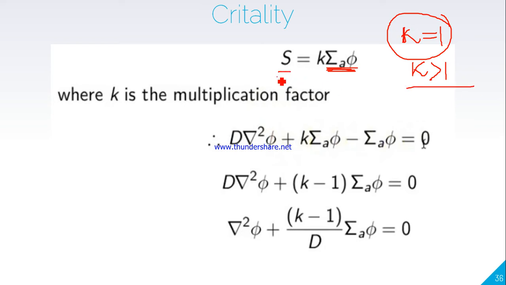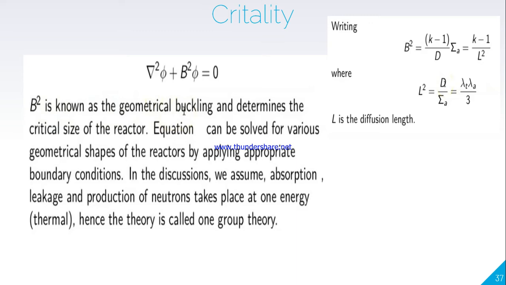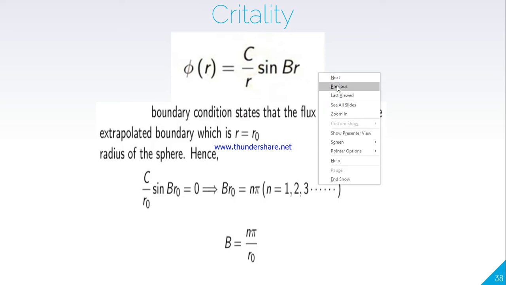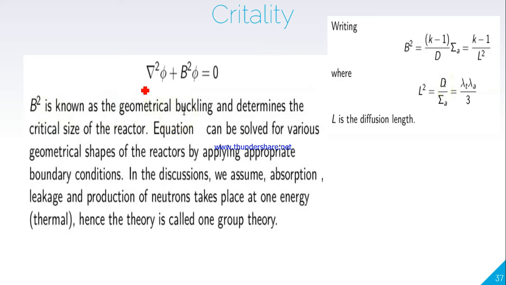So the production will be K times the absorption. It is substituted and comes out like this. This term is denoted as B square, which is the geometric buckling. Now, I am not going into the detailed method of solving this, because you can do it.